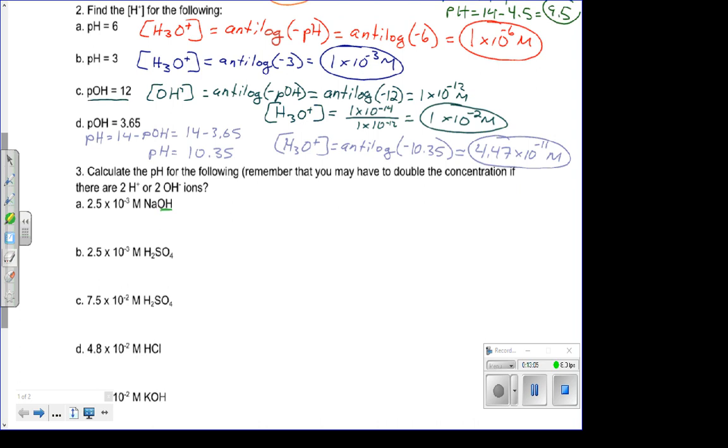That ends with OH, so this is going to be your OH concentration. There's only one OH in the formula, so this is equal to the OH concentration. So from that we can get pOH.